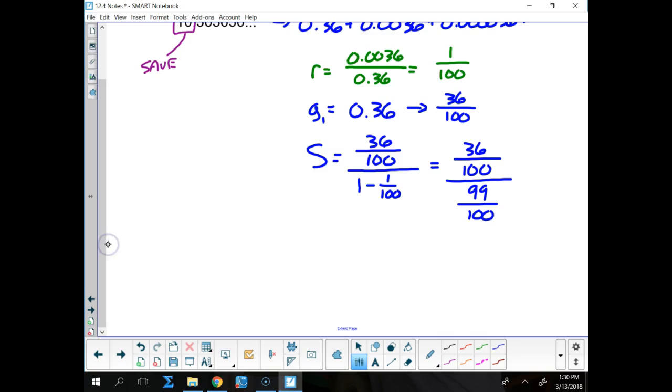So my sum is 36 over 100 times 100 over 99. The hundreds cancel each other out. So that leaves me with 36 over 99. 36 can be divided by 9 4 times. 99 can be divided by 9 11 times.